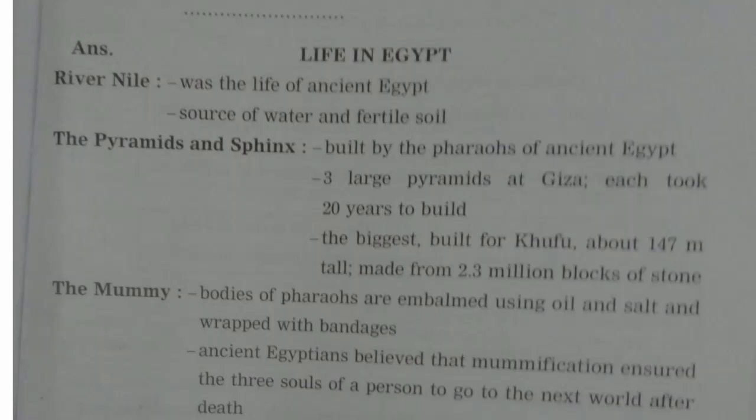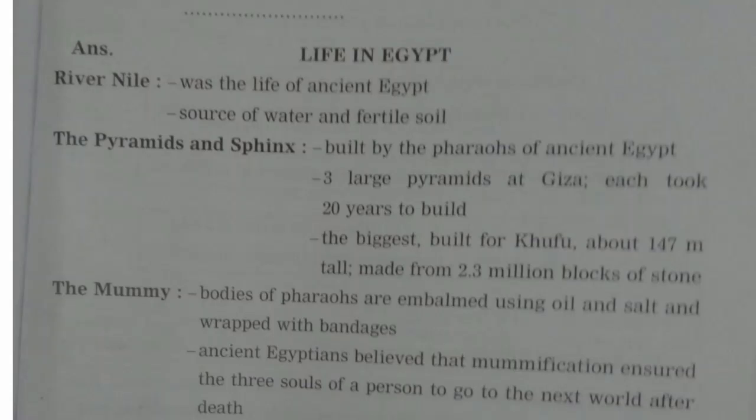One is regarding the river Nile, which features in your first para. Second is about the pyramids and the Sphinx. And the third is about the mummy. So the answer is given to you here.